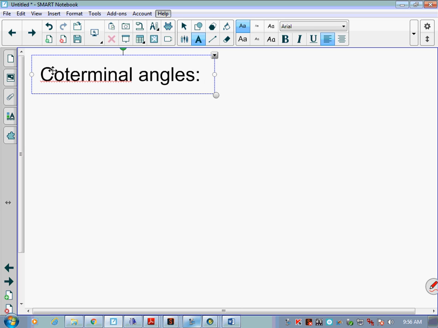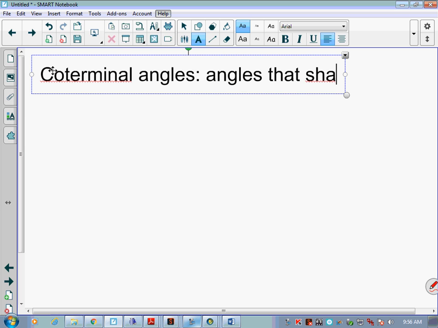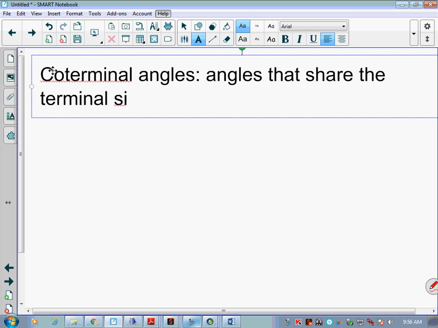So, coterminal angles, I'll go ahead and read this for us. These are angles that share the terminal side. Okay? Coterminal angles are angles that share the terminal side. They go on, they say, for example, the angles 90 and 450 degrees come to the exact same location.